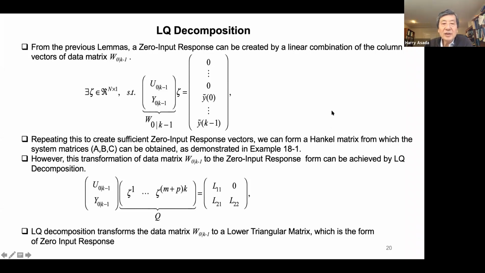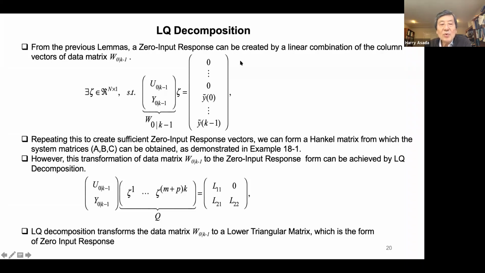But I know there's actually a very convenient algorithm. It's called the LQ decomposition. So all we need to do is basically, from the previous story, zero input response is very useful, right? As we have seen in the previous example.